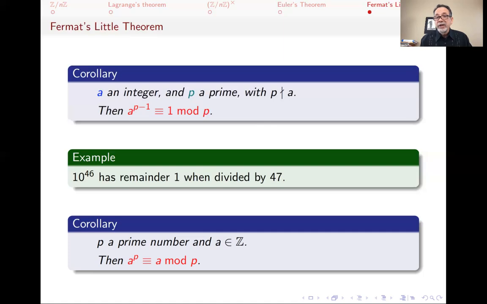So you take any element a in that group and raise it to p minus 1, you get 1. Now, what if a is not in that group, meaning it's not a number between 0 and p minus 1? Well, it's congruent to something in there, and raising either one will give you the same answer, and therefore you have 1 mod p. That's a very conceptual, clear proof based on group theory.